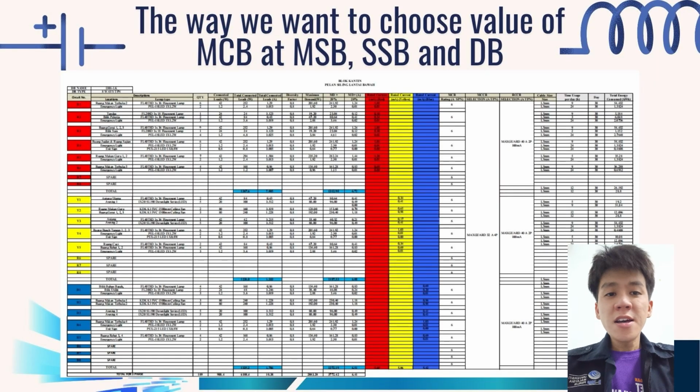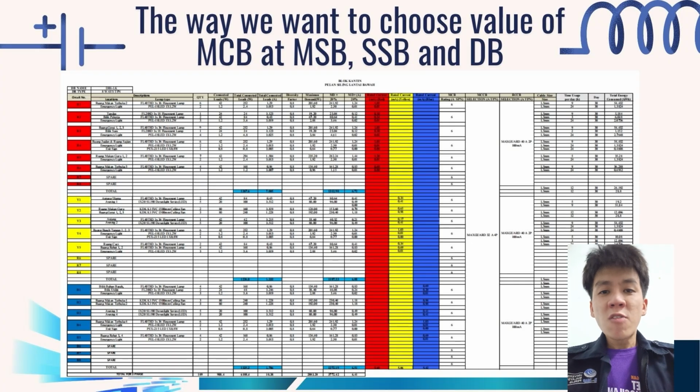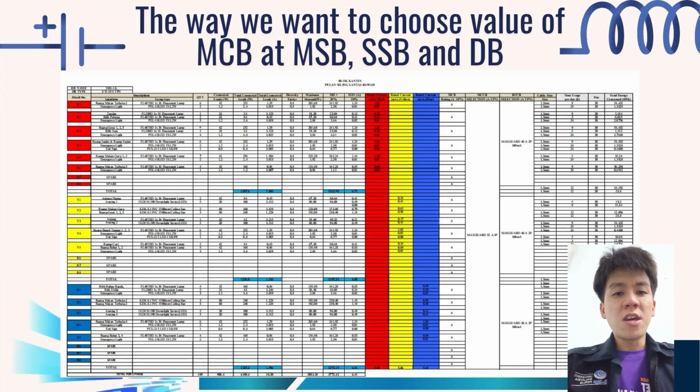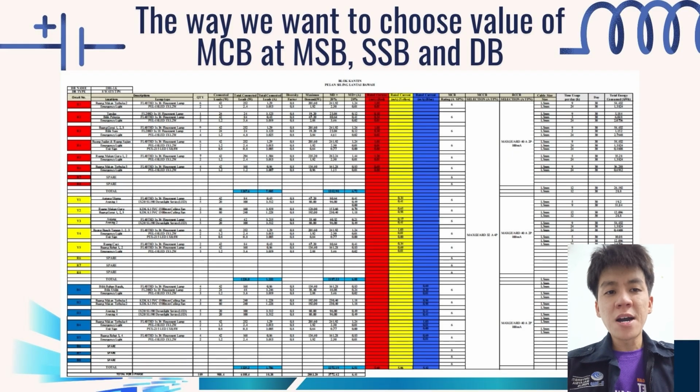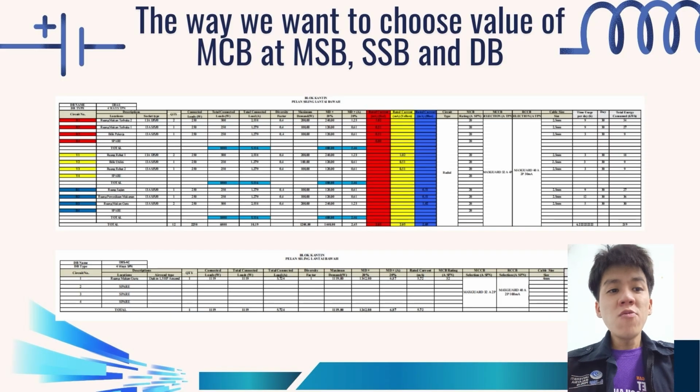Here is the load list for the canteen building. It includes the connected load in both watt and ampere for each room. From this data, we can calculate the total maximum demand and the total connected load. This value helps us select the proper rating for the MCCB and the RCCB, including the correct milliamp sensitivity for the protection.